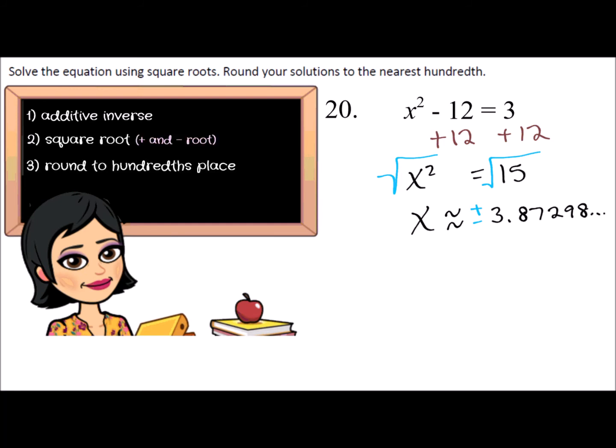All right, let's round. So we look at the 7 in the hundredths place. We're going to take a look at the 2 because it's between 0 to 4. This is going to be our answer right here. So x is approximately positive and negative 3.87.